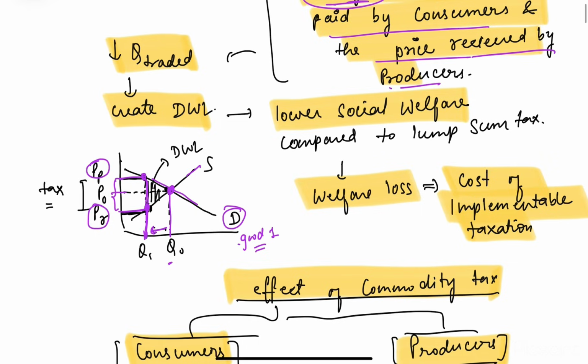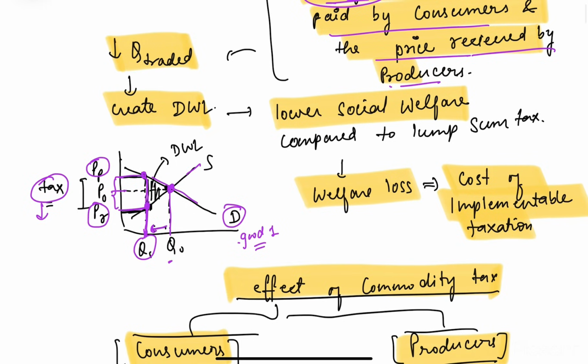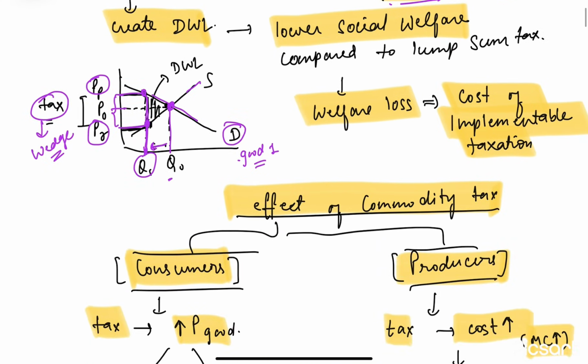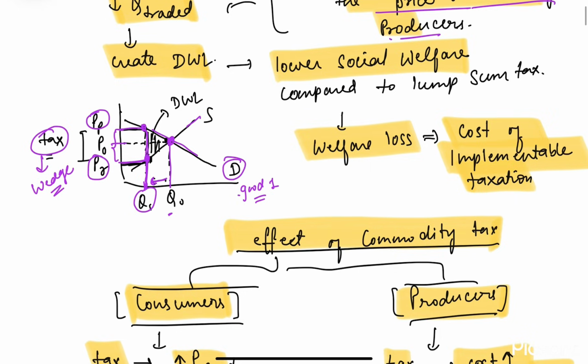So there is a gap between the price the consumer has paid and the price the producer has received. This gap is basically the tax that we are paying on this good, and this tax is nothing but the wedge which we are seeing here. Because quantity has decreased, it will create a deadweight loss. This triangle is a deadweight loss.